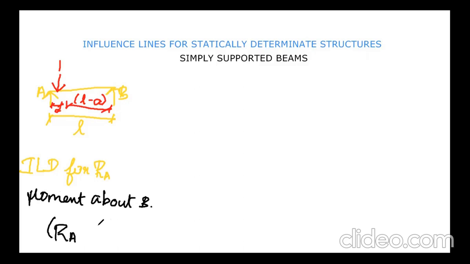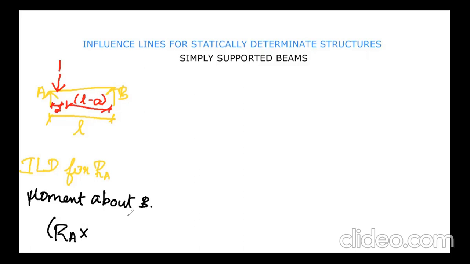If we take moment about B, when you are taking moment about B, we will be considering the forces acting on either side of the section we are considering. Here the forces are acting only on the left side, so we are considering only the left portion.